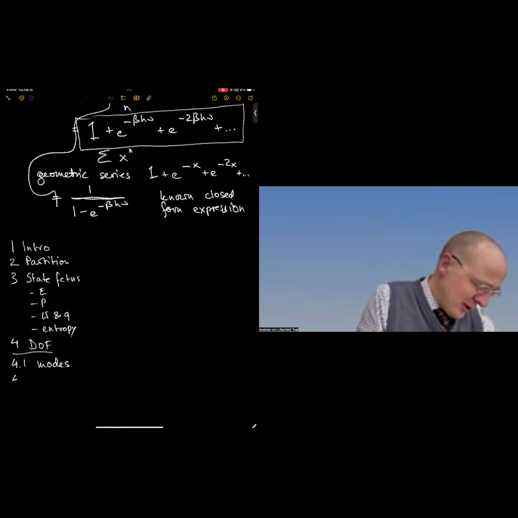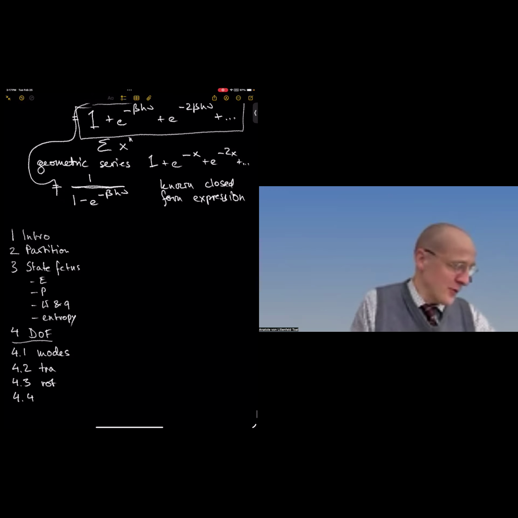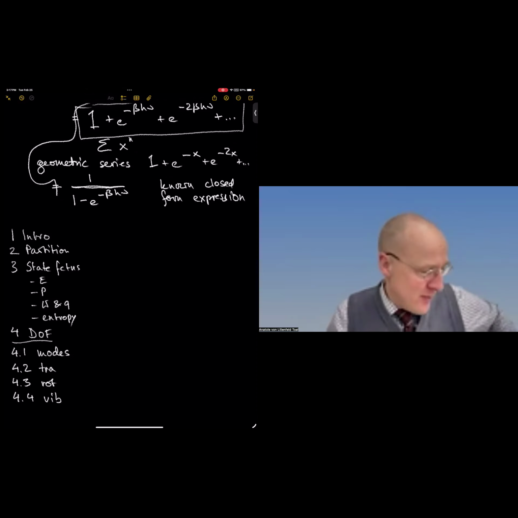So in particular, we looked already at the translational partition function, at the rotational, and we started before reading week with the vibrational: trans, rot, and vib.